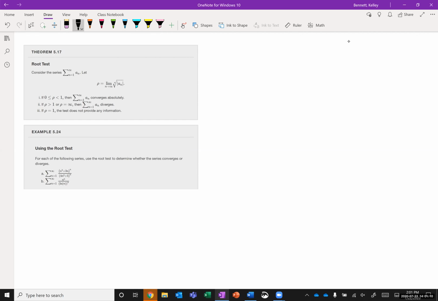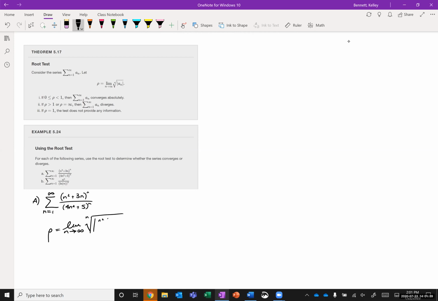So looking at example 5.24, rho would be computed as the limit as n goes to infinity of the nth root of the absolute value of a sub n.